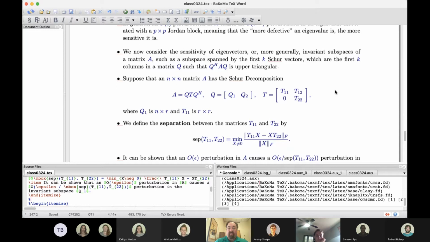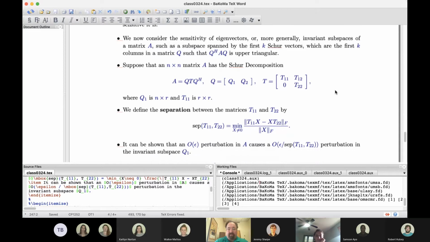Okay, and so a key result that we have here is that if you make an order epsilon perturbation in A, that leads to this kind of perturbation, epsilon over this quantity, in the invariant subspace.